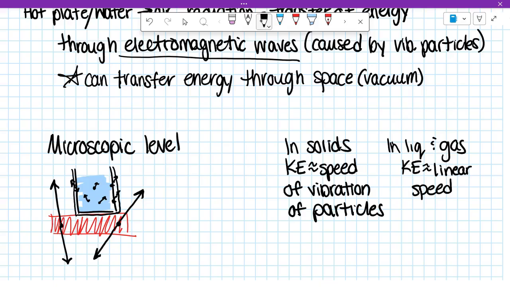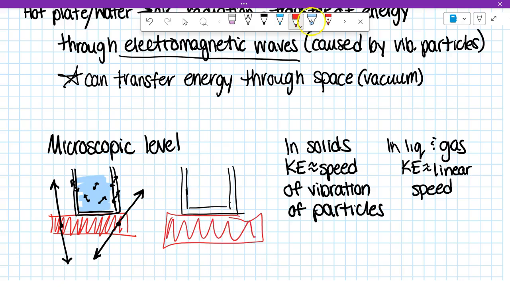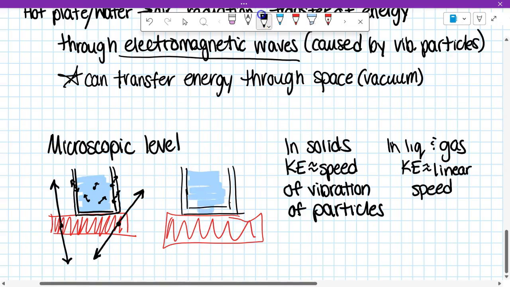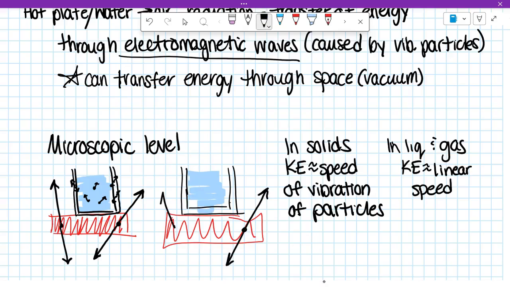So after this has been going on for a while, what we would expect is these hot plate ones are still the same because it's being fed continuously with energy. And now the beaker ones kind of match the temperature of the hot plate, as do the water particles.